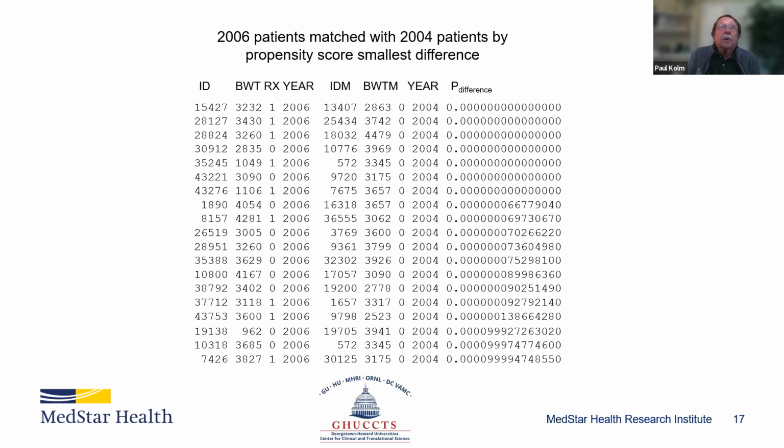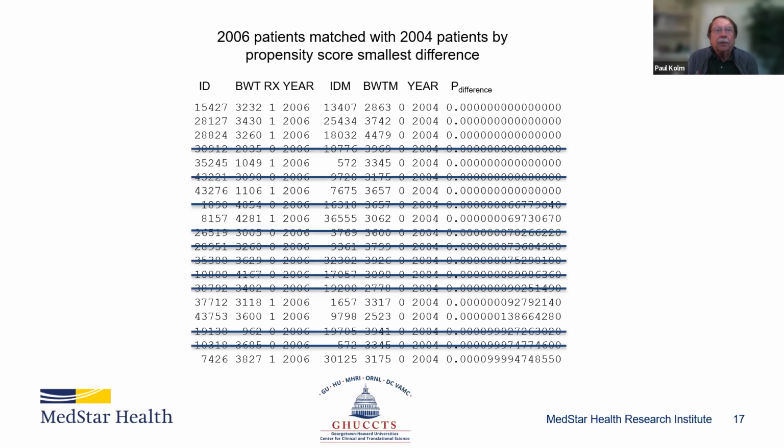But remember that we need to match those who participated in the intervention in 2005. So even though we have a match here, there's some who did not participate in the intervention that we have to exclude.